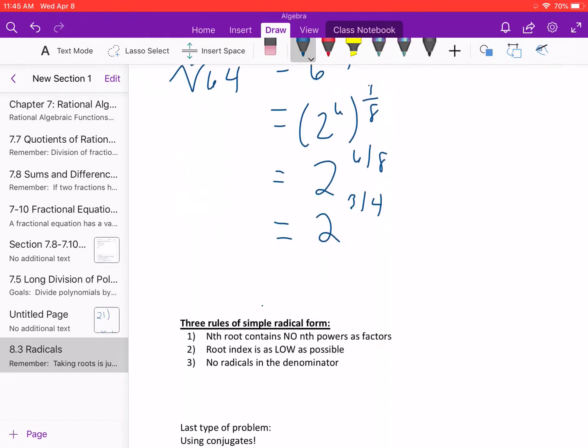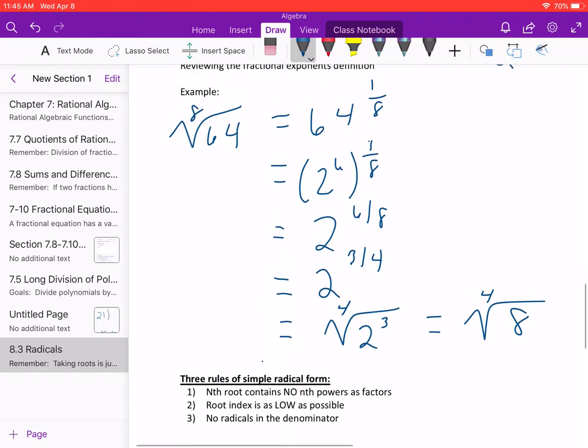And then we can rewrite this in radical form, a skill we've already learned in chapter 6. To rewrite this, it's going to look like the 4th root of 2 to the 3rd, which we know is 8. So this then can be written as the 4th root of 8.